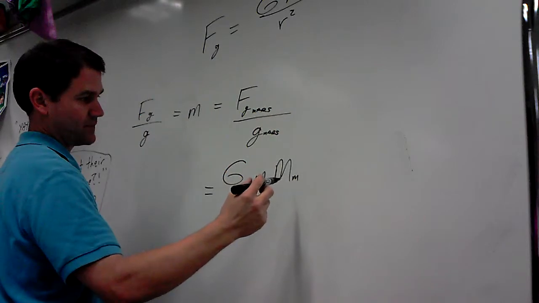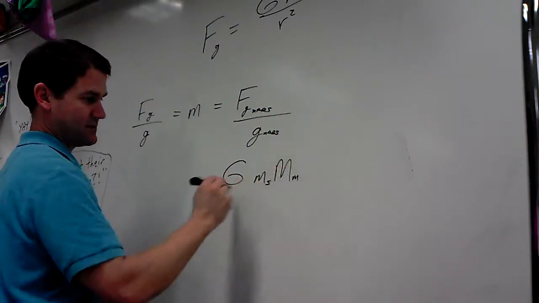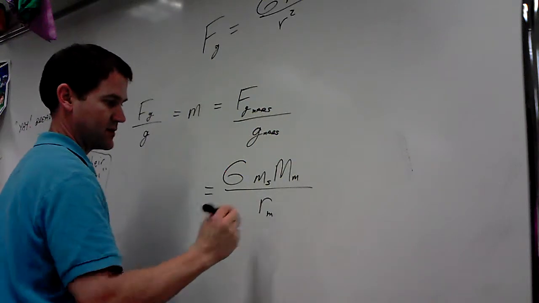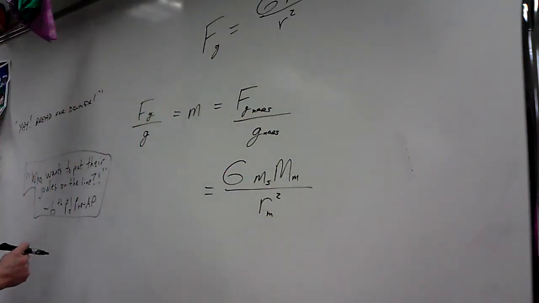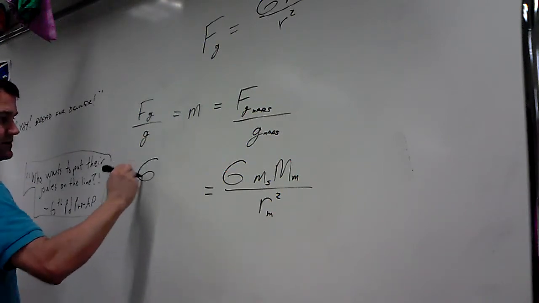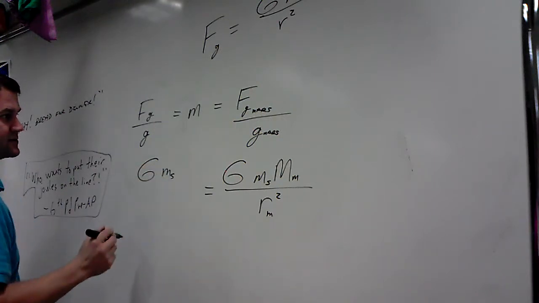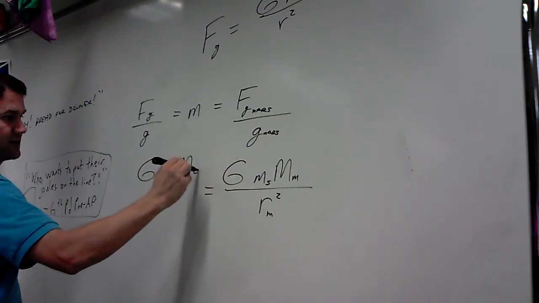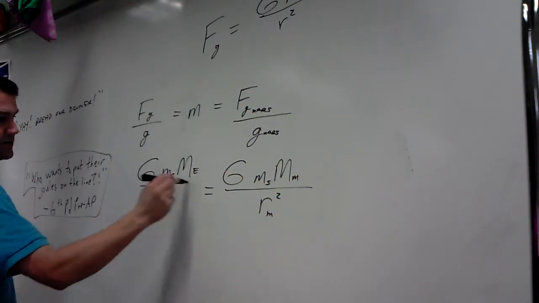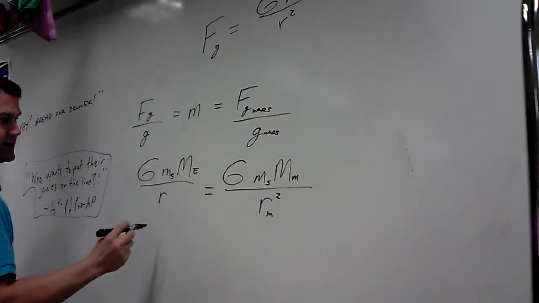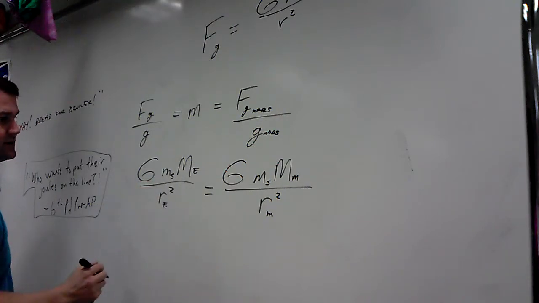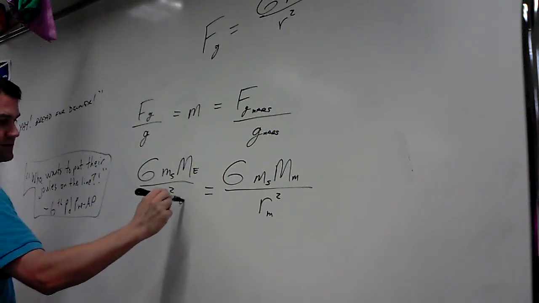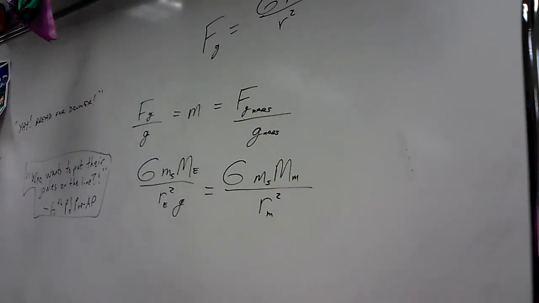Times, or over, the radius of Mars squared. And that equals big G, the mass of the Sojourner, times the mass of Earth over the radius of Earth squared, over g.